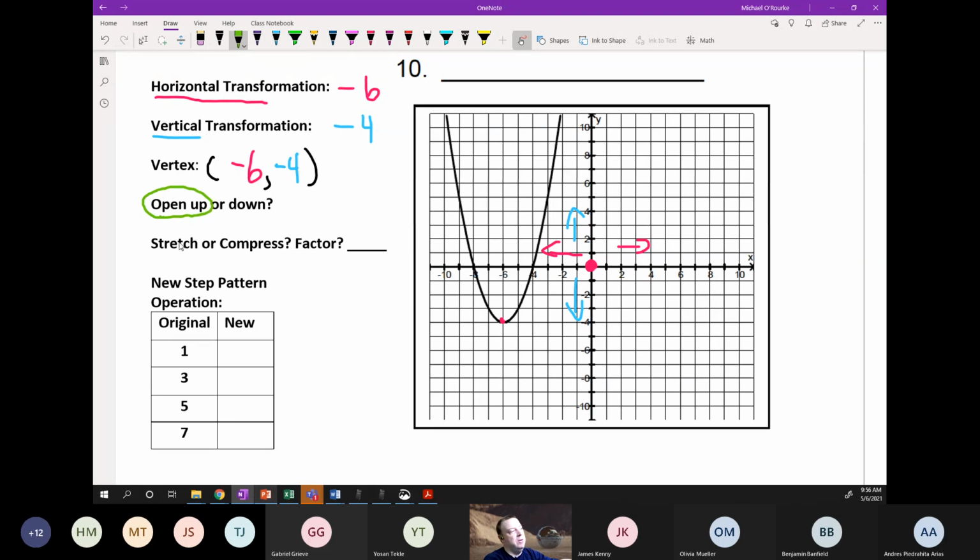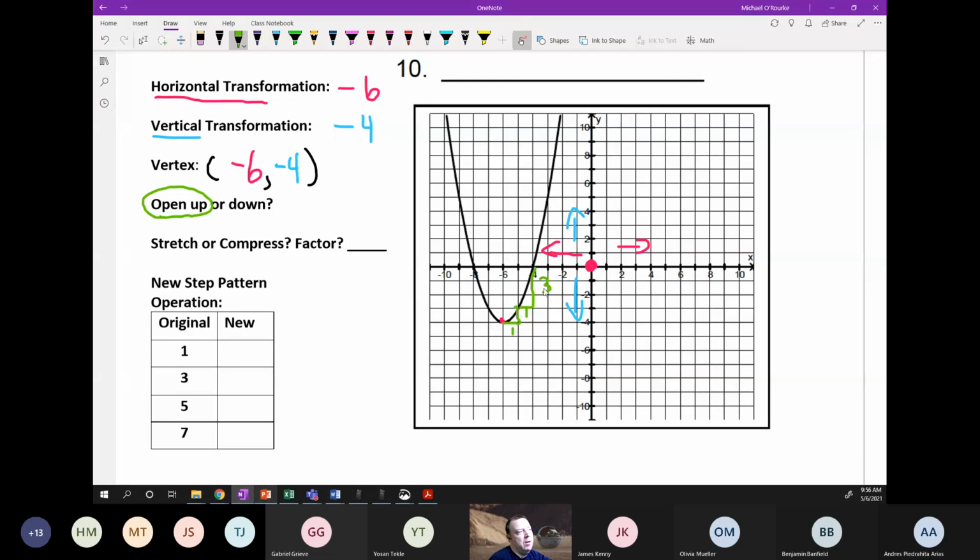Now here's the tough part. How do we figure out the step pattern? How do we figure out what that stretch or compress number is? Well, we go to our vertex, go over 1, and go up until we hit our point. We only had to go up 1. And we can go again: over 1, up 3.